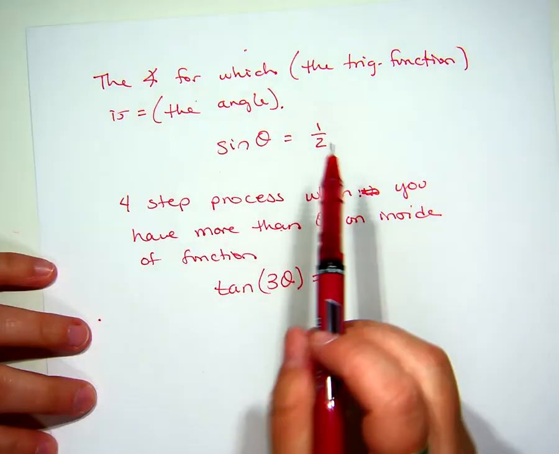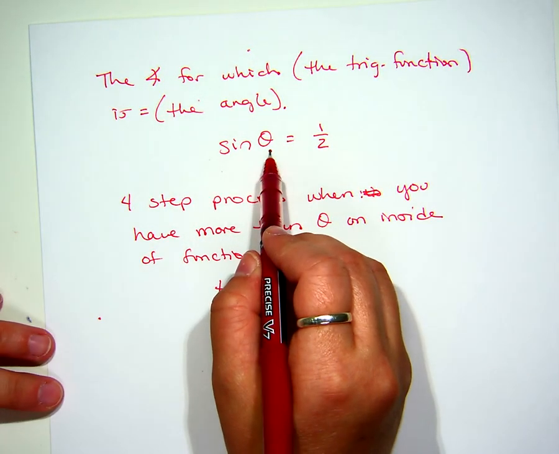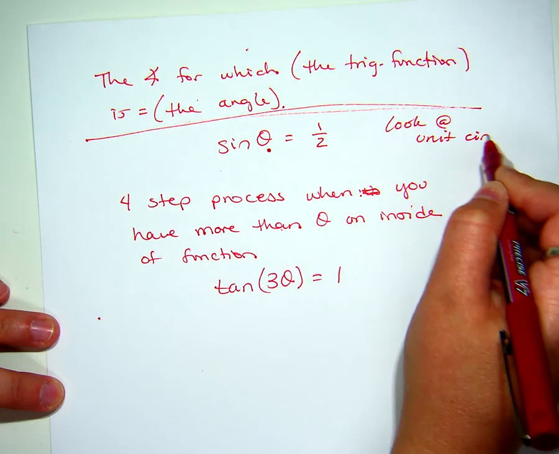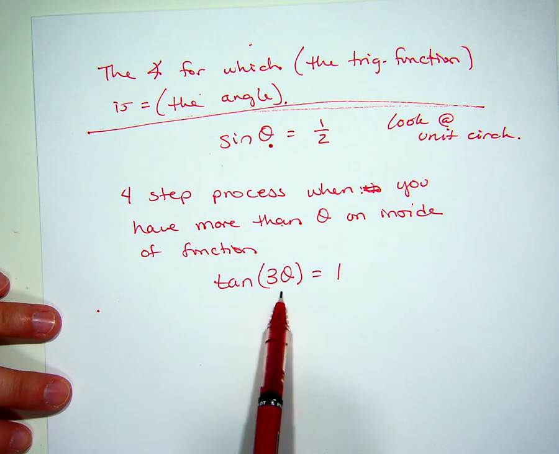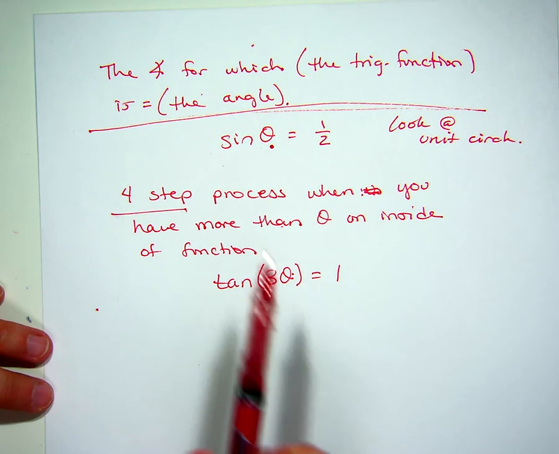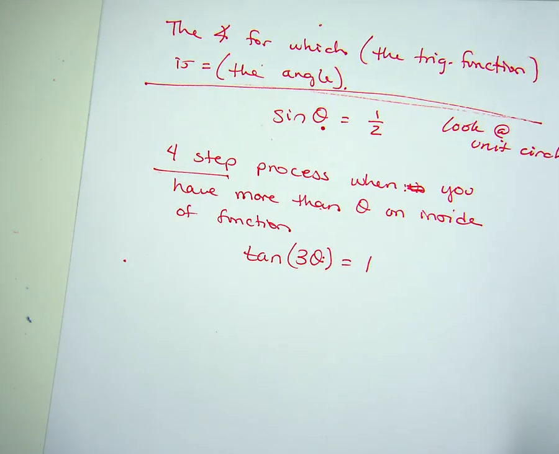This has theta and just theta, which means I can just state this, look at this, and look at the unit circle. Look at this one though. This one has 3 theta, so there's more than just theta on the inside. What do I have to do? That 4-step process.